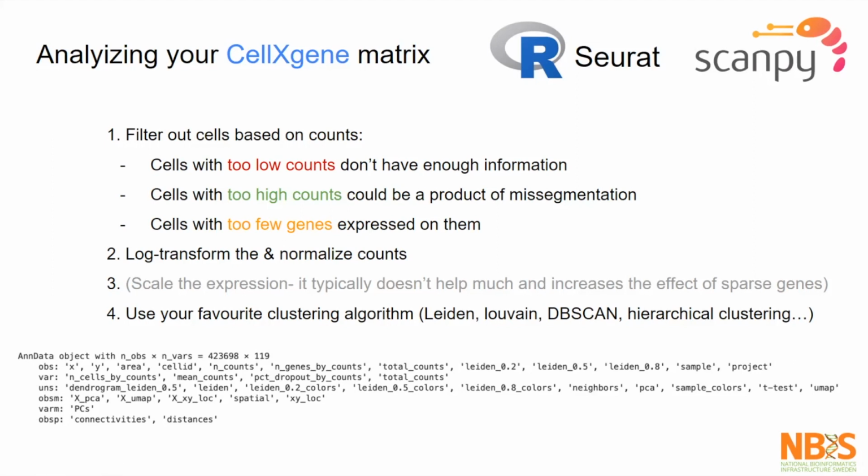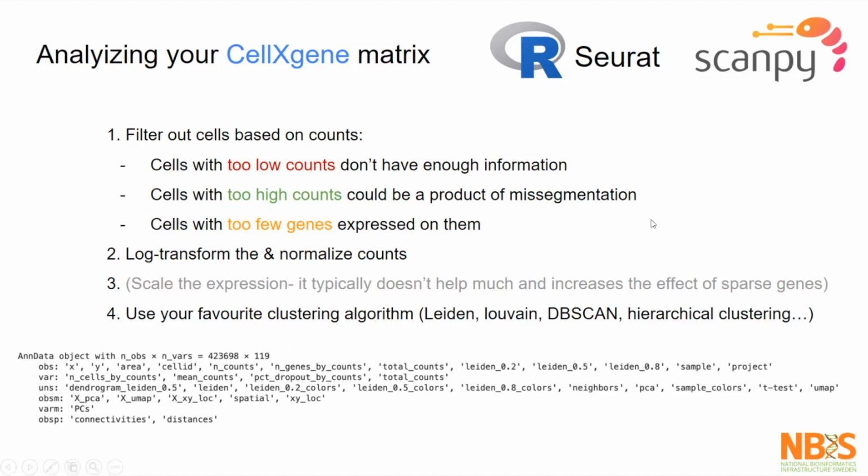Those could be caused by missegmentation that would lead to doublets, and this can happen in places where we under-segment and put several cells together, and therefore the cells that have too many counts in this type of data sets are usually artifacts, and we need to exclude them. And then, for clustering purposes, we also want to exclude cells that have too few genes on them.